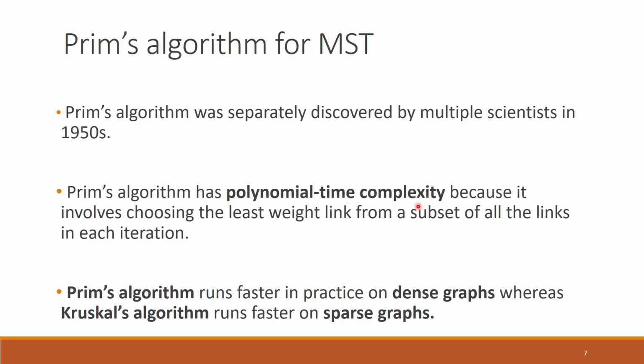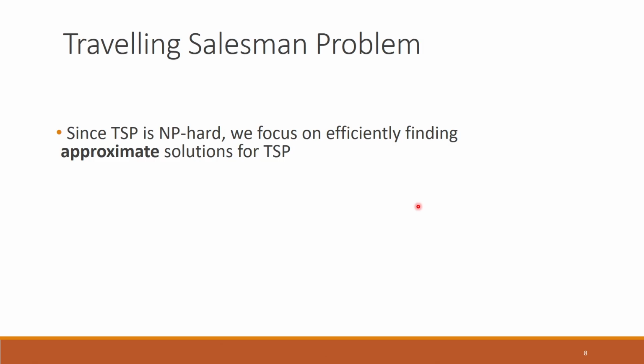Okay. So now let us discuss the traveling salesman problem. We have discussed it a few times before. In the introduction we had just introduced this, and later we had seen the optimization formulation for it. Note that this traveling salesman problem is NP hard. It is unlikely to find the optimal solution for this problem in polynomial time.